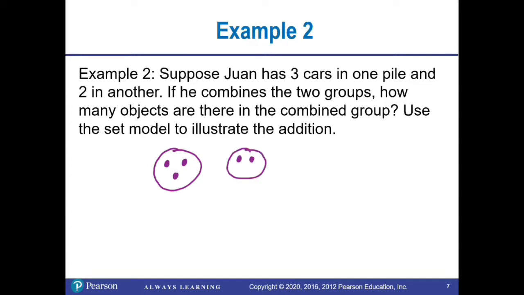In the second pile, he has 2 cars. We push the groups together to make one big pile, and we have 5 cars in this pile. Again, notice that our groups, our piles, are disjoint. They don't overlap. They don't have anything in common, so we can add 3 plus 2 to get 5.